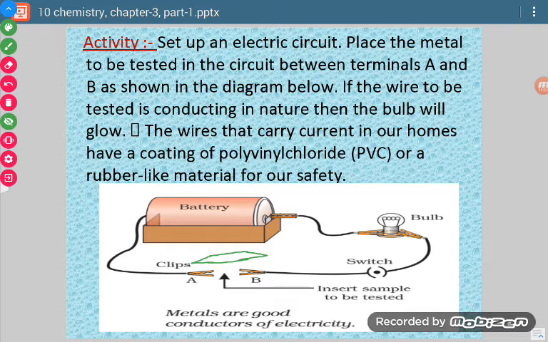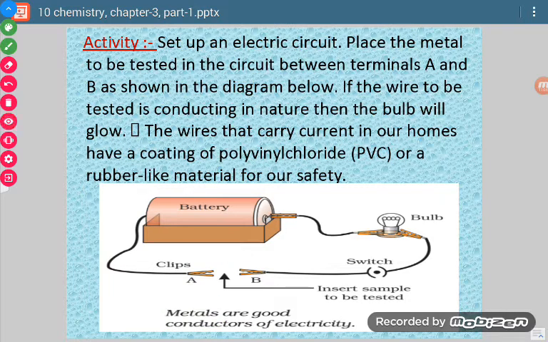When we switch on, the bulb will glow. It means the material used in making lead pencils is conducting in nature. So by this activity we will see whether a particular metal conducts electricity or not. We will take different metal wires and connect them with A and B, and after switching on, if the bulb glows, then it means it is a good conductor.